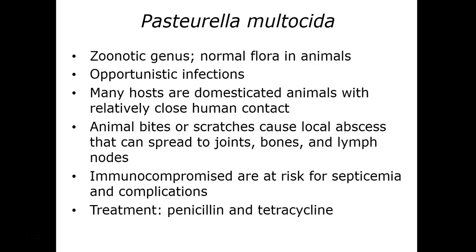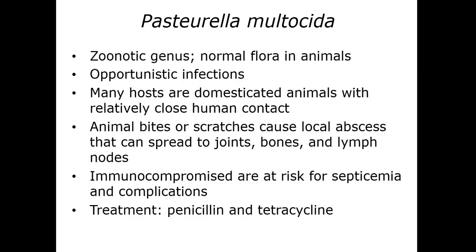So Pasteurella multocida is significant because it is acquired through dog and cat bites or scratches. And these abscesses actually form at the site where the dog or cat scratch or bite occurred. And these organisms can then spread to other regions of the body, like the joints, the bones, and the lymph nodes.